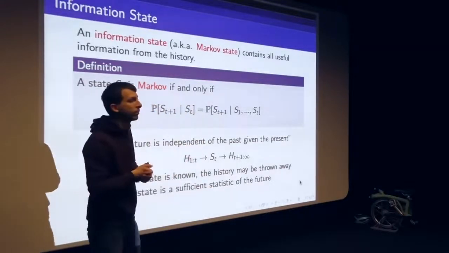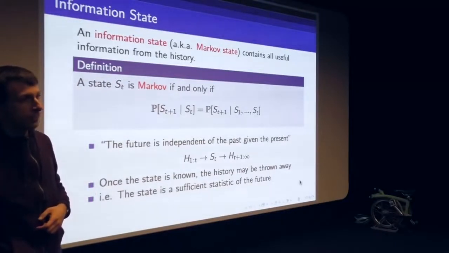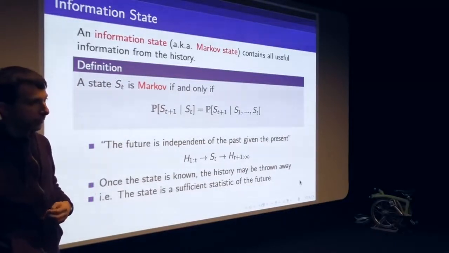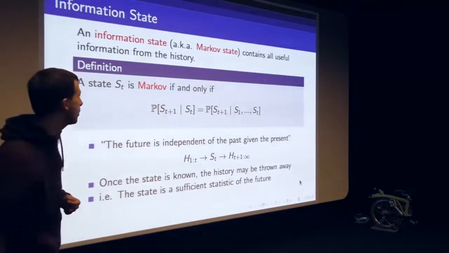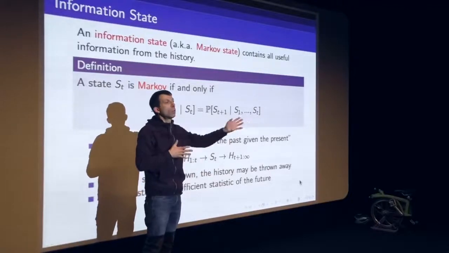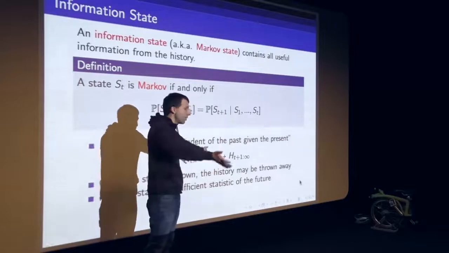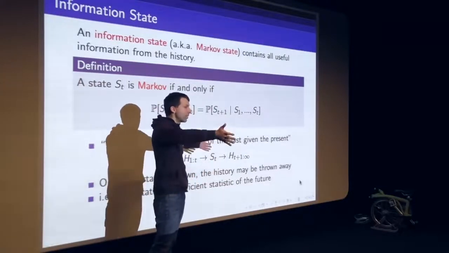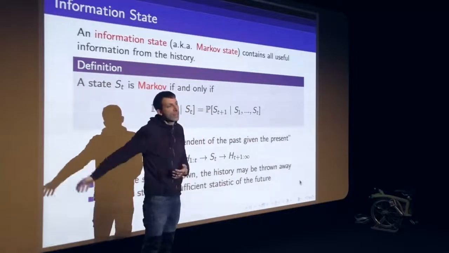Yeah, question? I think you said at the beginning that the reward comes many time steps after the observation and the action. So how does that reconcile with the fact that you're throwing everything away except the previous time step? That's fine. All we're saying here is that everything we can say about the future, the distribution of events that might happen to us, conditioned on this state is the same as if we conditioned on the full history.